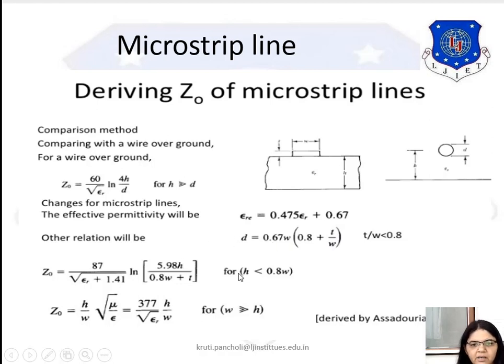Now if the height is less than 0.8 width, then we should go for this formula of characteristic impedance. If w is greater than h, then we can find it using this formula.